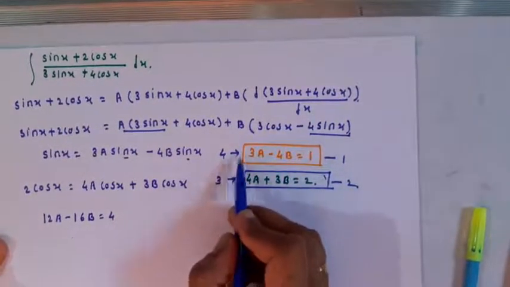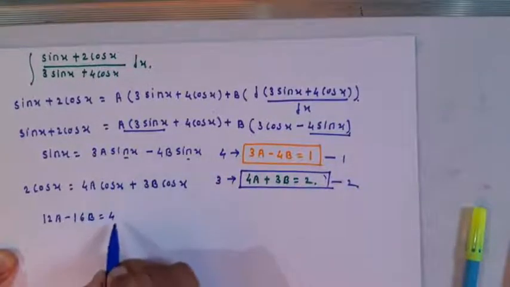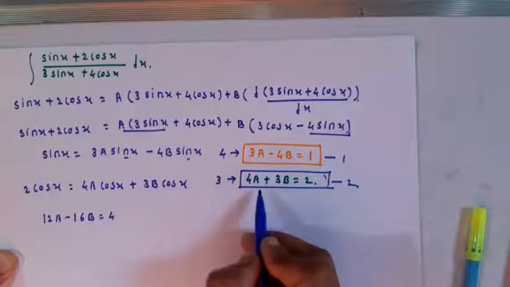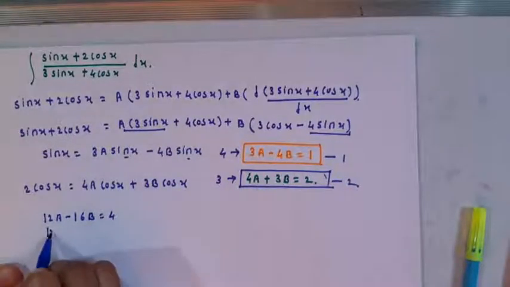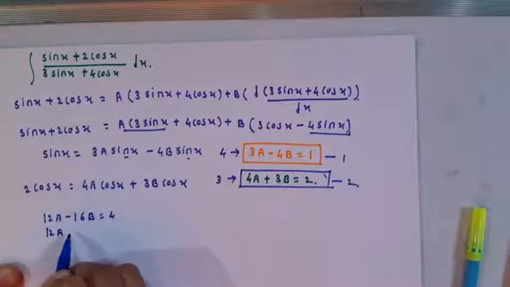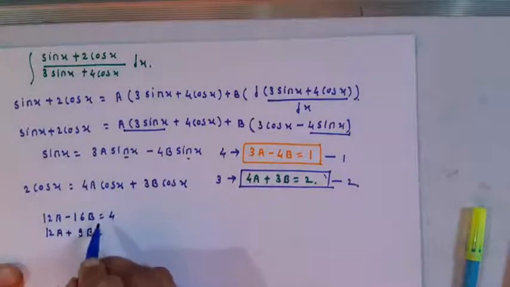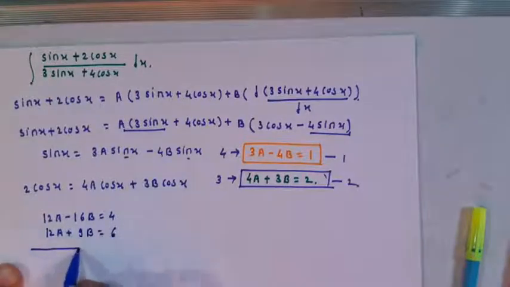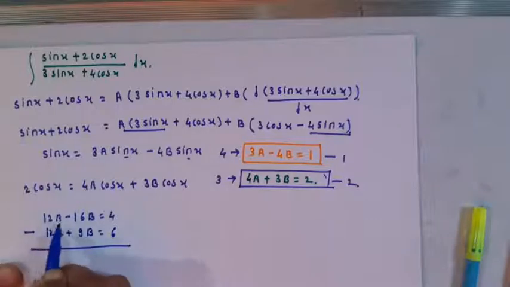So for equation 1, multiply with 4, we will get 4a minus 16b equal to 4. Multiply the second equation with 3, we get 12a plus 9b equal to 6. Now subtract this equation from that equation: 12a minus 12a, and 4 minus 6 gives minus 2.